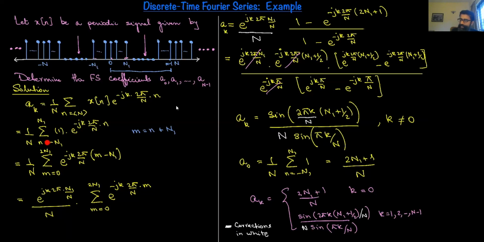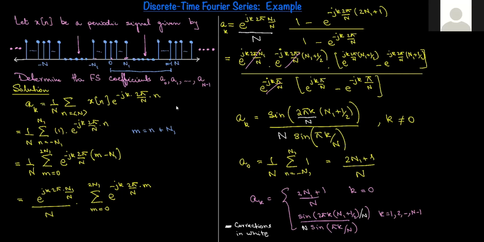So therefore summation असल में यहाँ से यहाँ तक जा रही है, ठीक है, which are capital N values. But within these capital N values, there are only these indices of n from minus n1 to plus n1 in which the signal is 1 and the signal is 0 outside of this interval, right? And therefore that does not matter. I mean, that's just plus 0, I don't care. So this is minus n1 to plus n1. ठीक है, Iman? Does that answer your question?